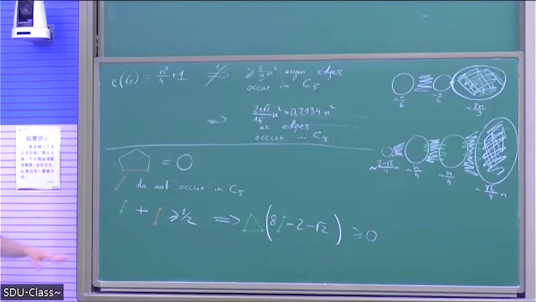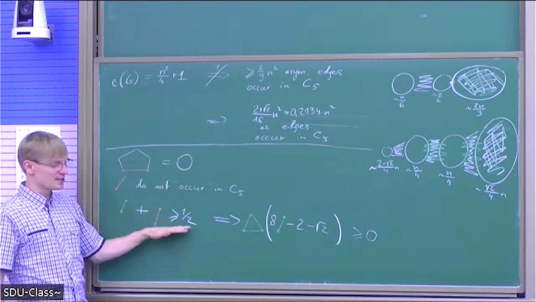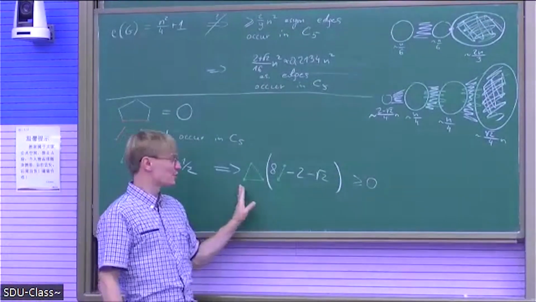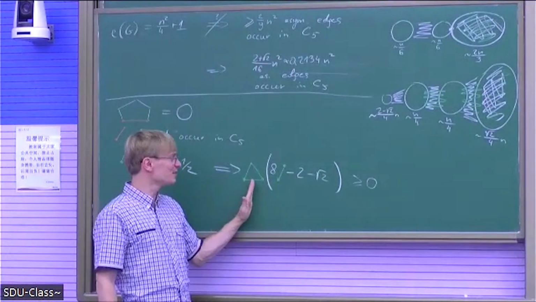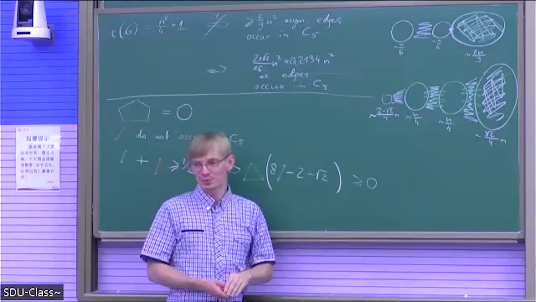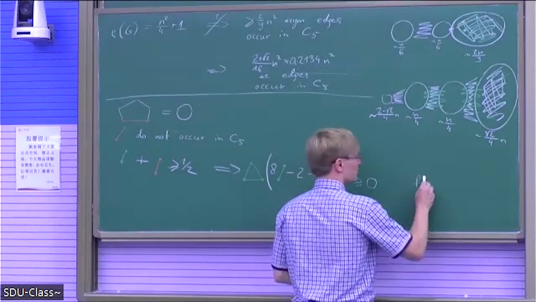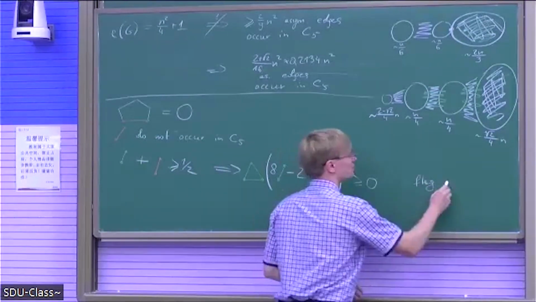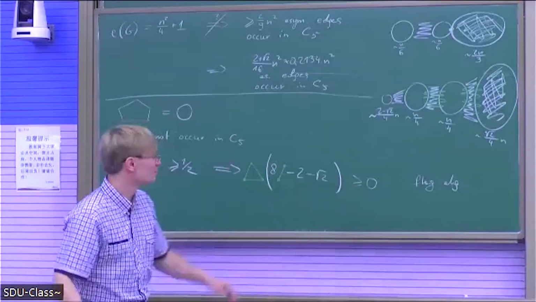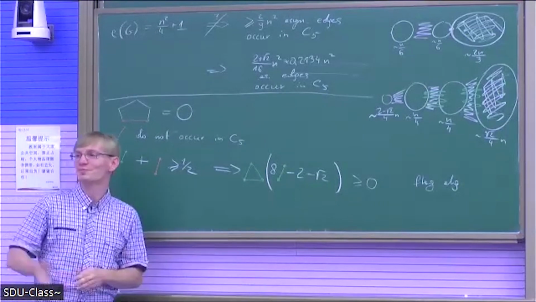It means if I have density of edges at least half, then the product of the density of triangles and this expression needs to be at least 0. Okay, and this we can do by flags. So this is a standard application now. Maybe not standard because I have two colored edges, but everything works the same way.